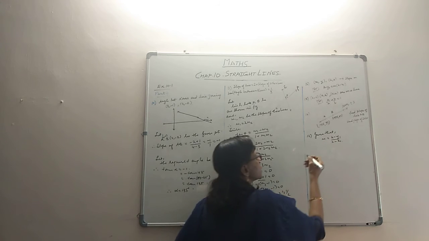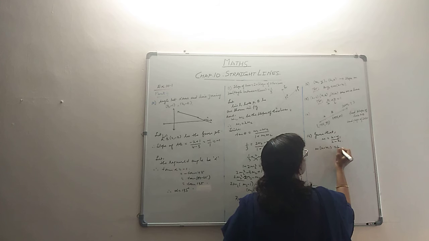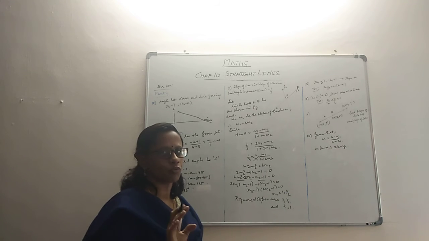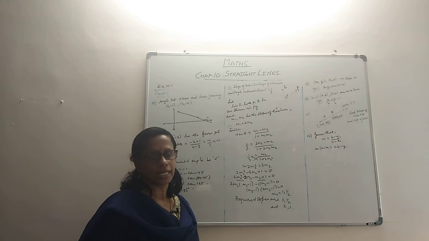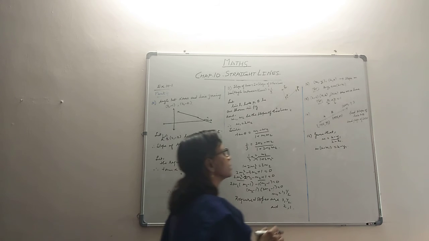Just take it on the other side: m times (h minus x1) is k minus y1. That's it. We are just using the slope formula, getting the answer because the coordinates are there.